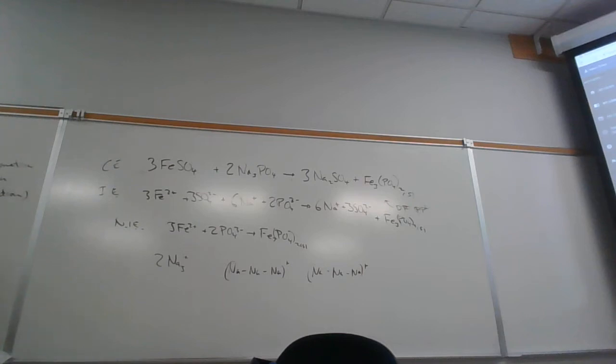And so I have just the right amount of sodium phosphate to react with iron 2 sulfate. But we don't often do things by titration. The other way we do it is by what we call limiting and excess reagents.